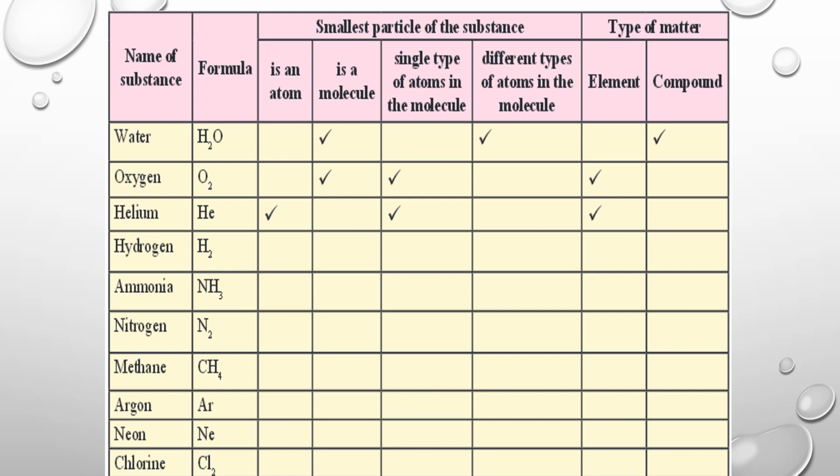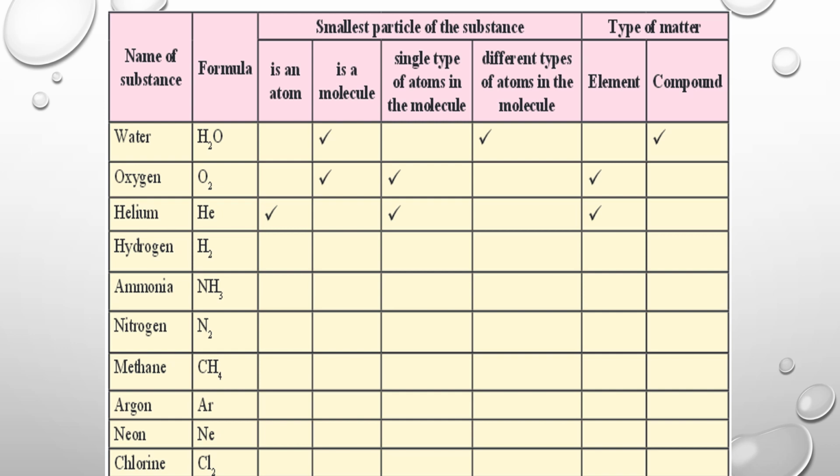The first column says name of substance, that is water, oxygen, helium, etc. The second column is the formula, which is how you represent the substance. Water is represented as H2O, oxygen as O2, helium as He, and so on.